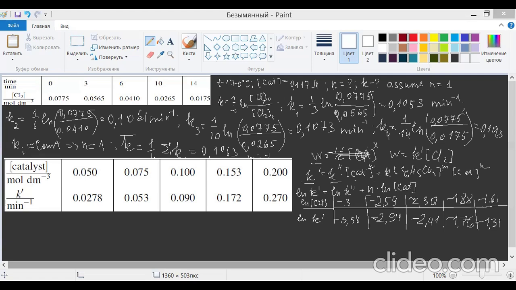Next minus 1.88, minus 1.76, and minus 1.31.